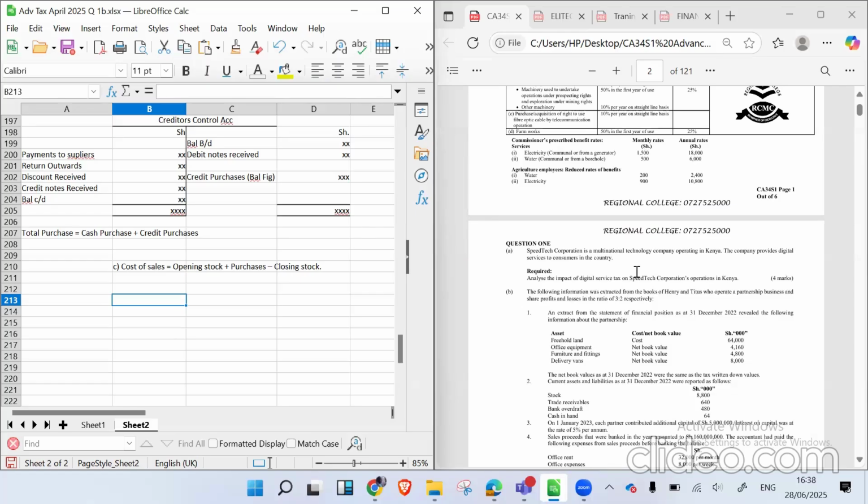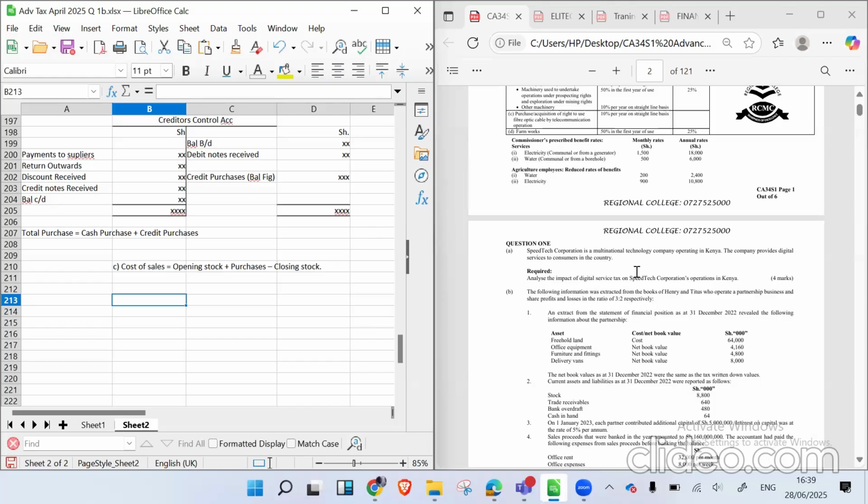Even if you don't know what we mean by digital service tax, it's a type of tax. So how does taxation affect the operations of a company in Kenya?